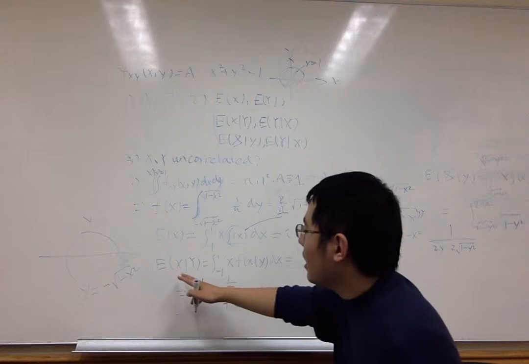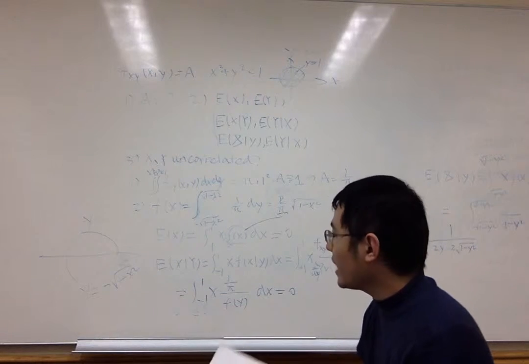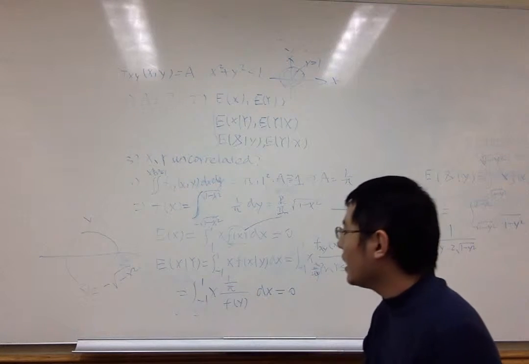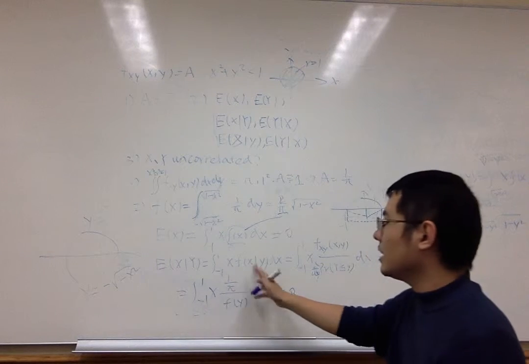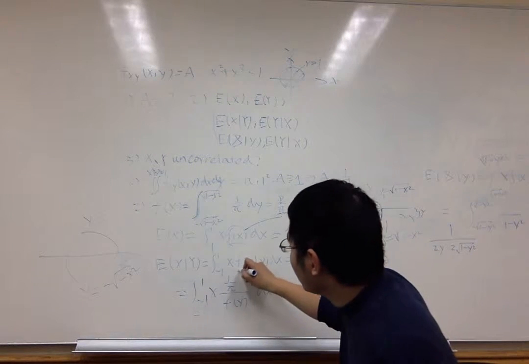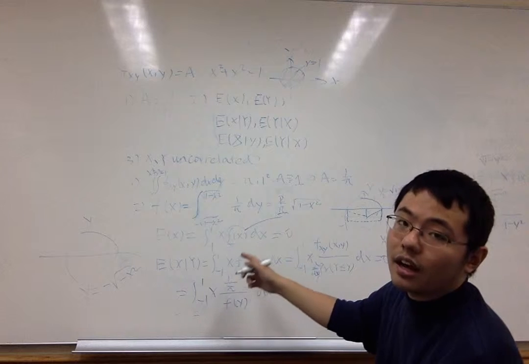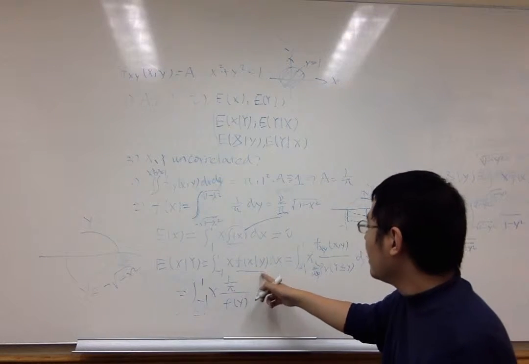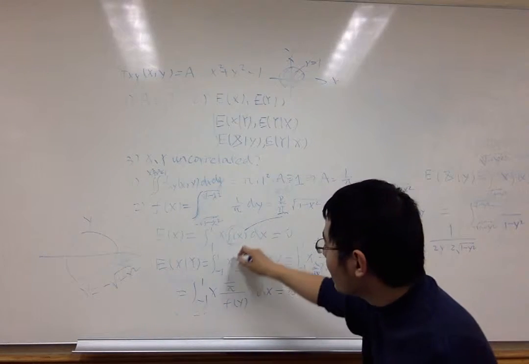And the second, the conditional expectation of x under the condition y. We read this definition still like that, and we need to find the conditional density function of x under the condition y. We write the definition of that.